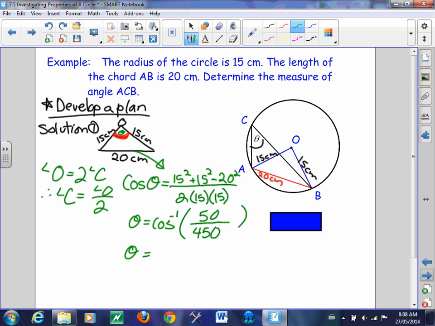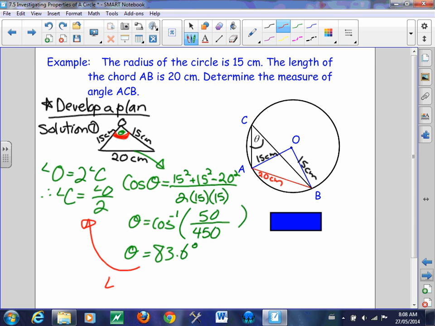Okay, so theta equals, plugging that in your calculator, 83.6. I'm not going to round that yet, ladies and gentlemen, because that's not my final answer. So don't round that angle yet. Now we have to relate it to this. What do we know now?